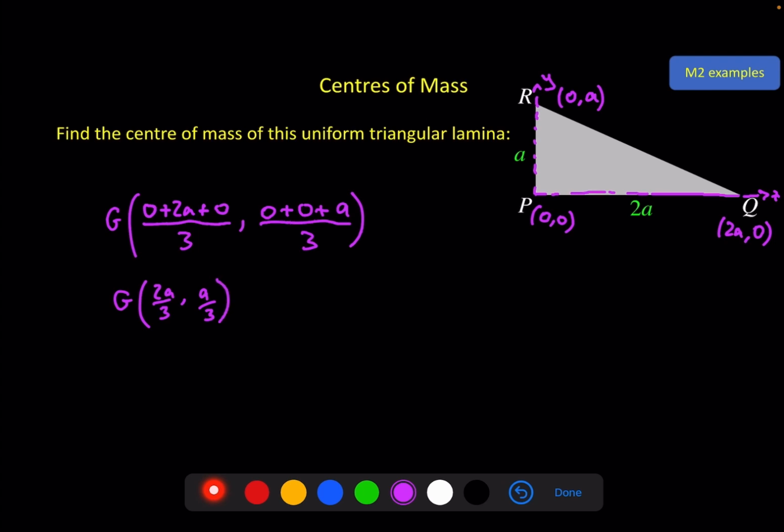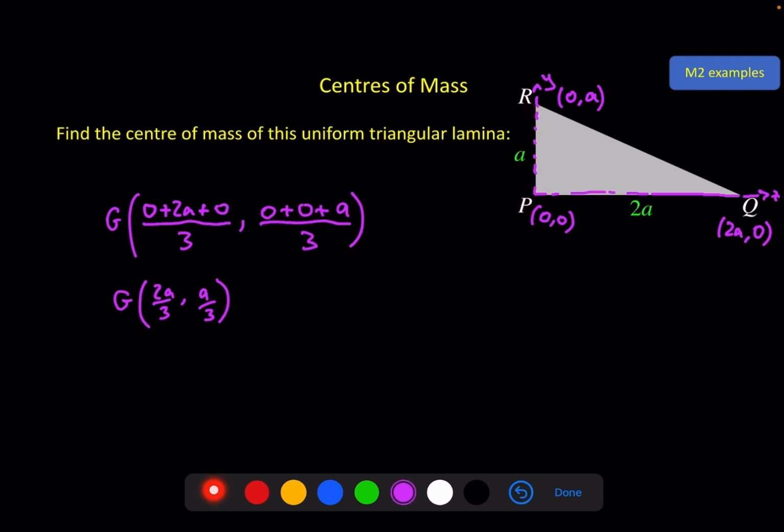However, there is a little note in the textbook that I think is worth mentioning. The original question didn't have the coordinate axes, so in terms of the original information given, giving coordinates doesn't really make a lot of sense. What you should do now with this is to relate it back to the edges of the triangle. So the x-coordinate, or what I've called the x-coordinate here, is the distance from the side RP.